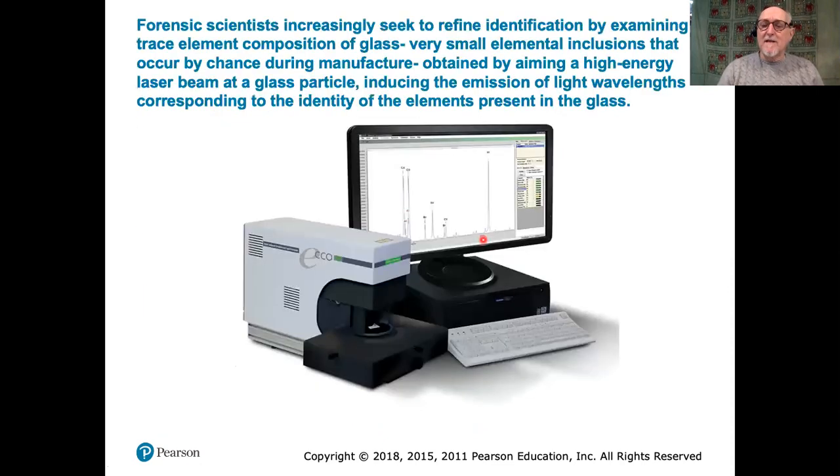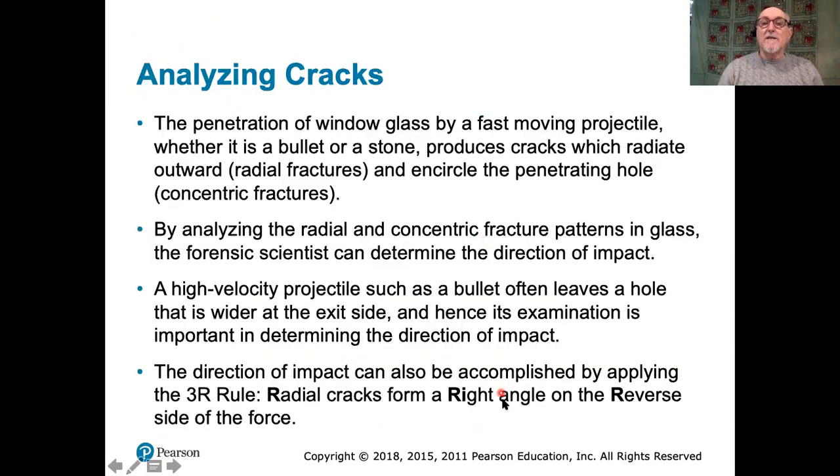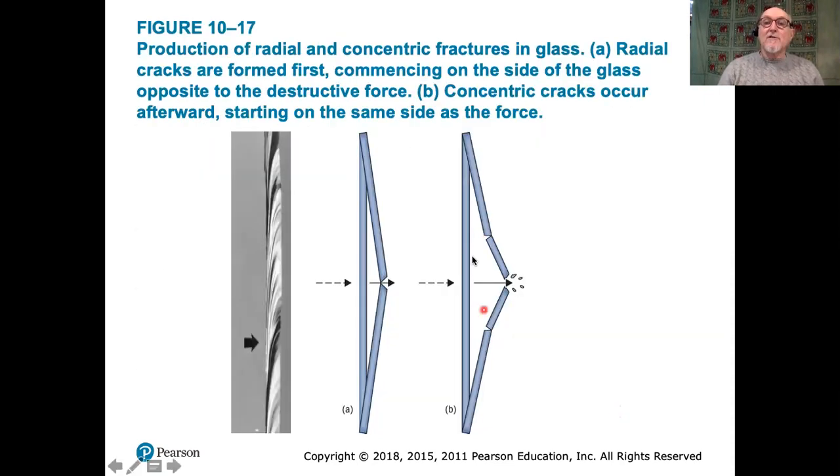Oh, there's a little acronym for it. Radial cracks form a right angle on the reverse side of the force. So in actual fact, the concentric cracks result from bending. The force that results in the concentric cracks is coming this way. The force that produces the radial crack is going that way.